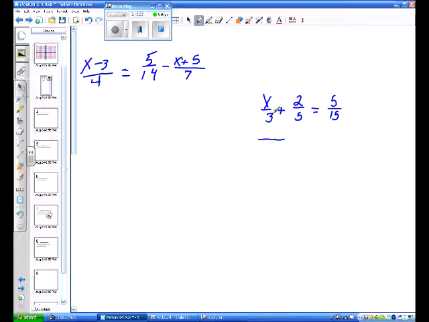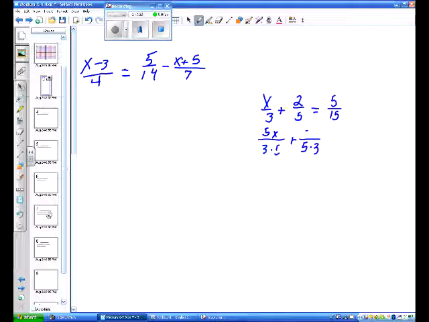So if we changed our 3 to 15, then we're going to have to multiply it by 5. And to keep it equivalent, we would have to multiply our numerator by 5 also. Here, if we want a denominator of 15, we're going to have to multiply our denominator by 3.